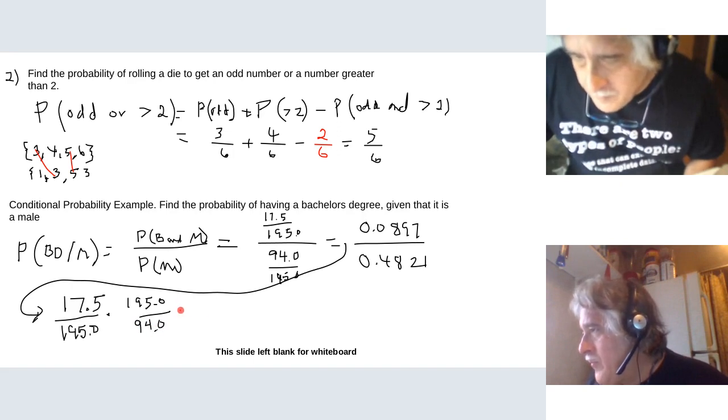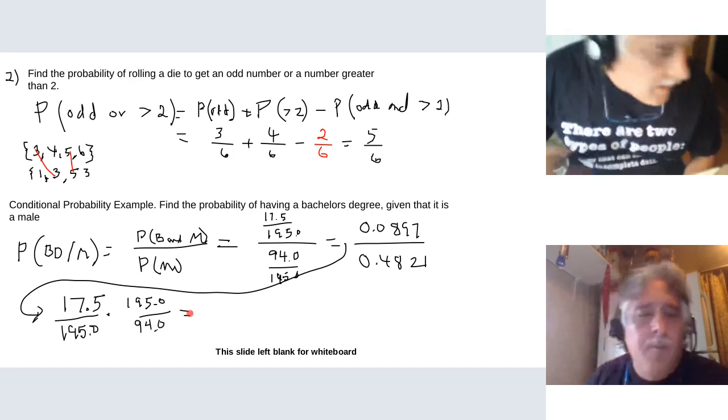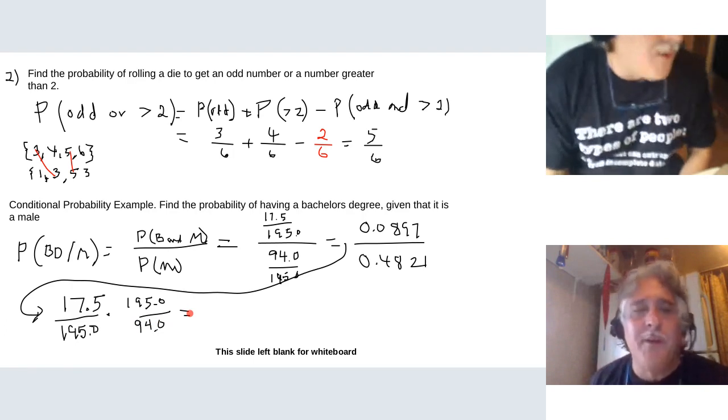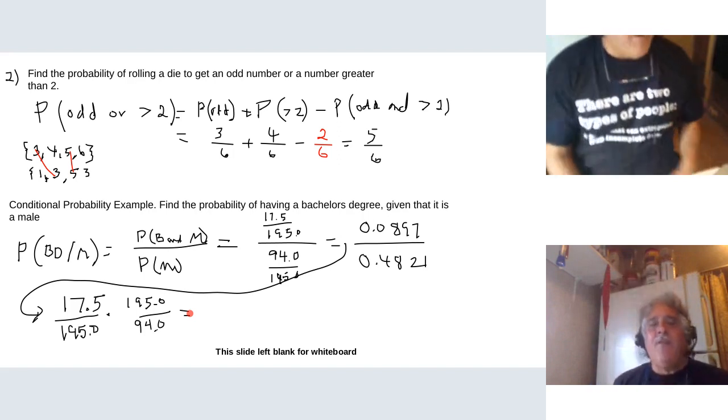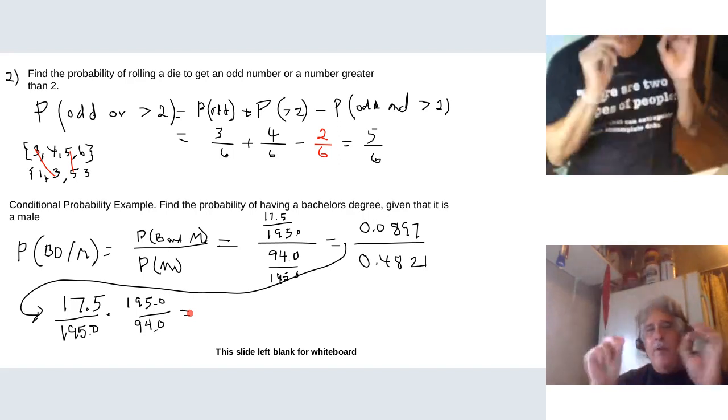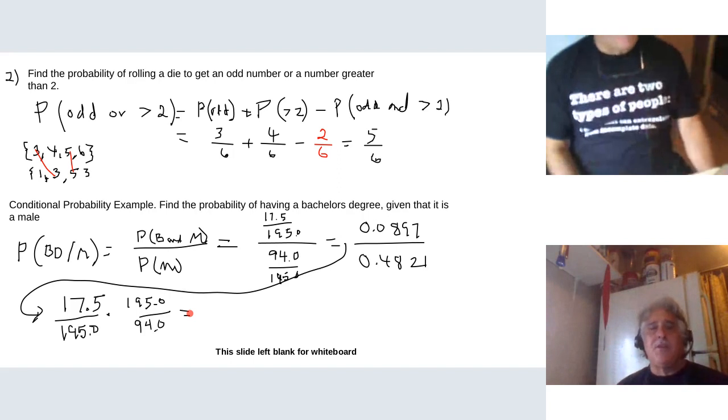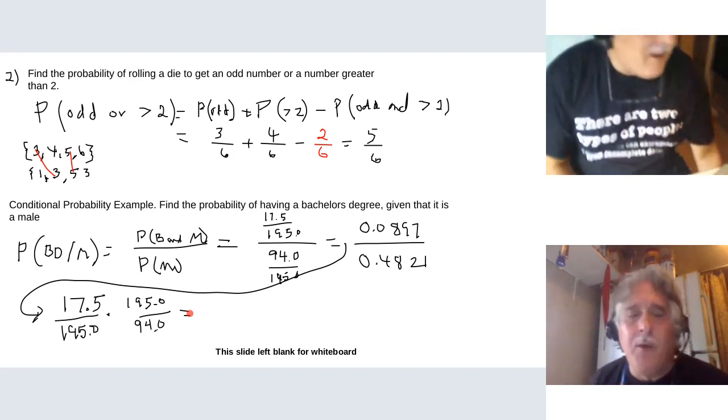Wait, why are you doing that again? Because that's the way fractions work. Oh, you're just adding them up, right? No, multiplying. I'm dividing fractions. So what are the rules for dividing fractions? Okay, you're dividing. Okay, I got you. Yeah, you do flip it. Yeah, you multiply by the reciprocal.